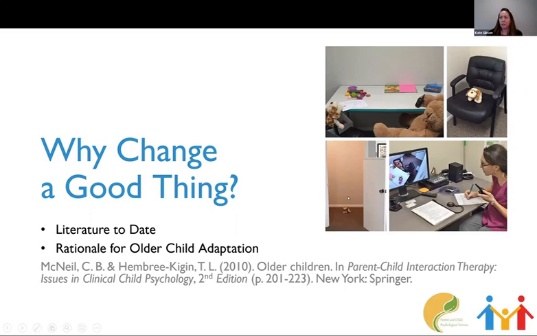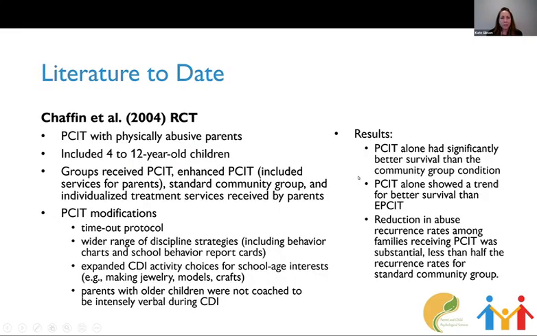So in terms of research, not a ton has been done to really systematically and large scale look at how we would adapt PCIT for children who are just a bit older. So studies have been done that cover children up to about age 12.